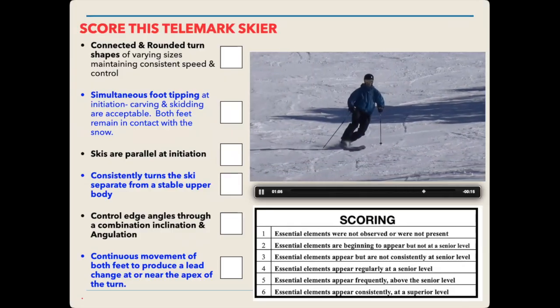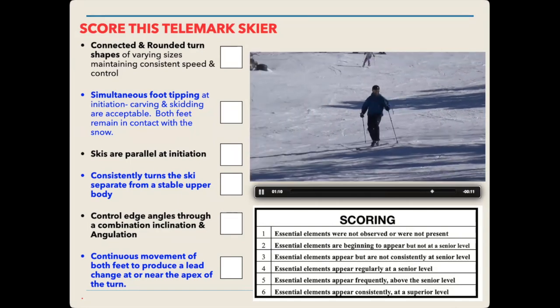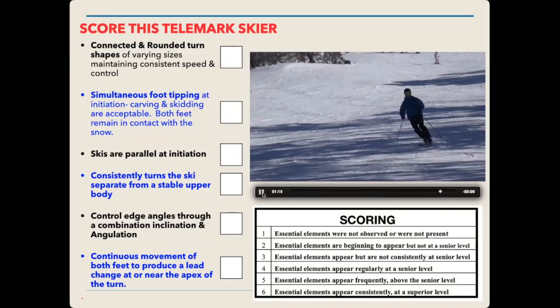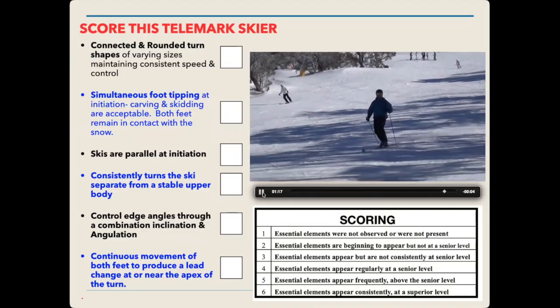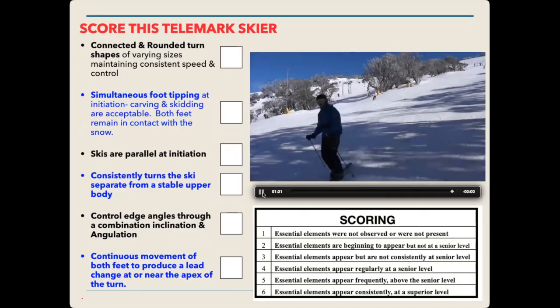You can see the lead change being quite quick on the left-hand side, a little more static in terms of the feet positioning and movement. And so I have that as a 3 for this run.